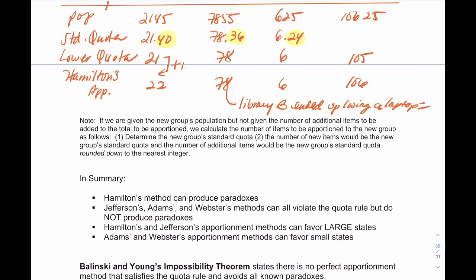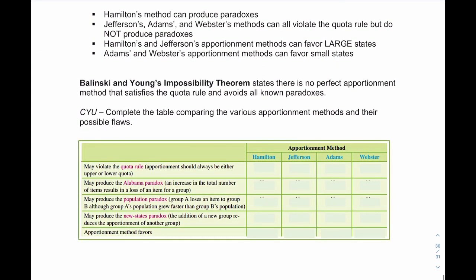Because remember, they shouldn't, to be fair. Hamilton's and Jefferson's apportionment methods can favor large states, whereas Adams's and Webster's apportionment methods can favor small states. And there is what's called Balinski and Young's impossibility theorem, and it states that there is no perfect apportionment method that satisfies the quota rule and avoids all known paradoxes.